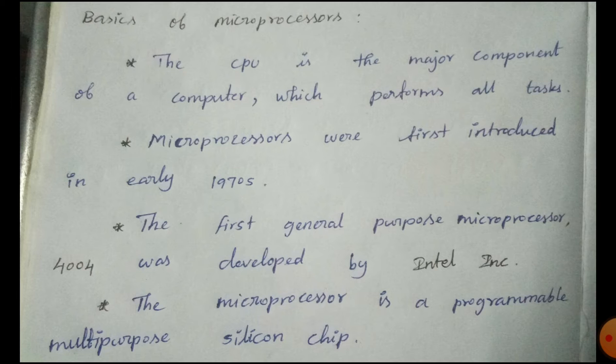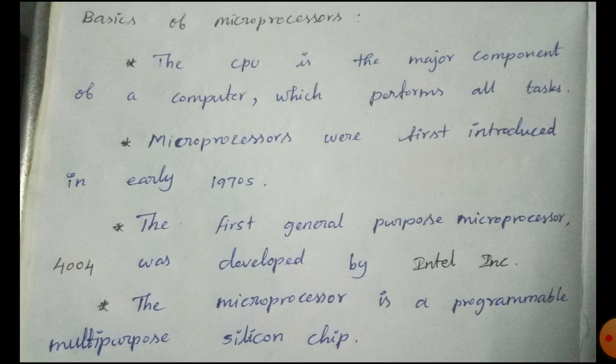The microprocessor was first introduced in the early 1970s. The first general purpose microprocessor, 4004, was developed by Intel Inc. Okay.